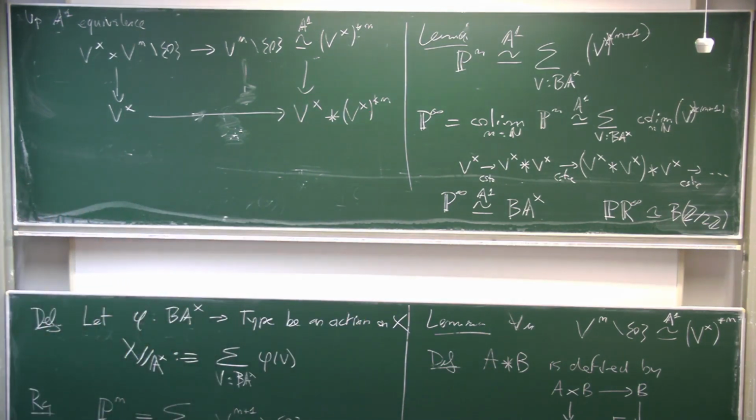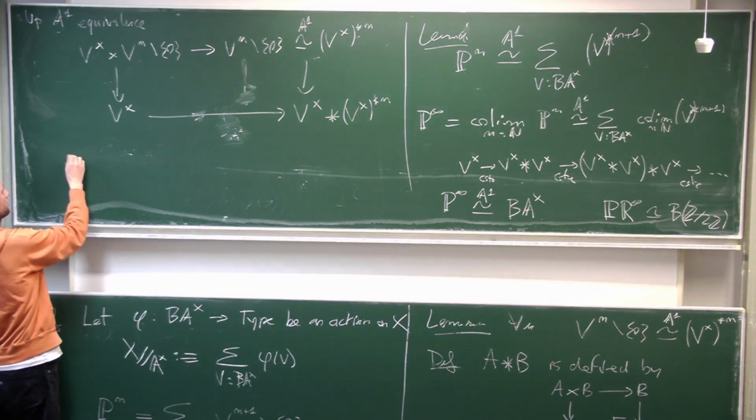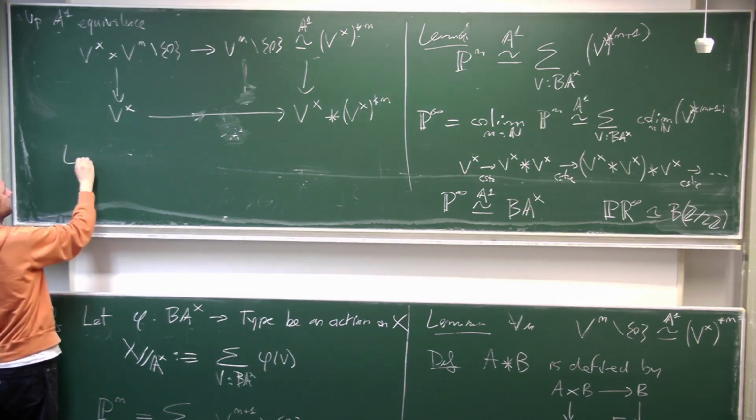And so I think I will stop here. There is a similar computation for the Grassmannian. I can just give you the result.